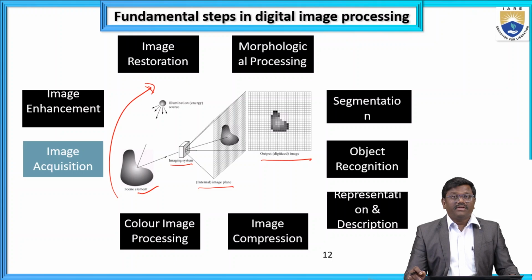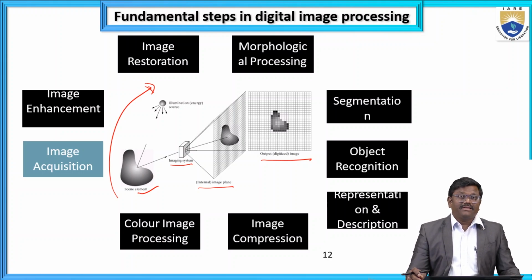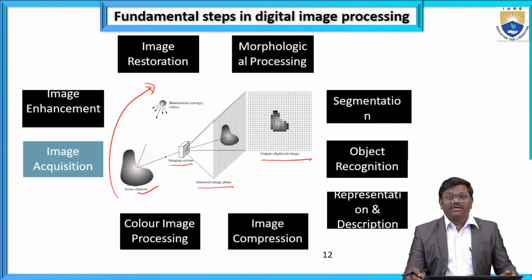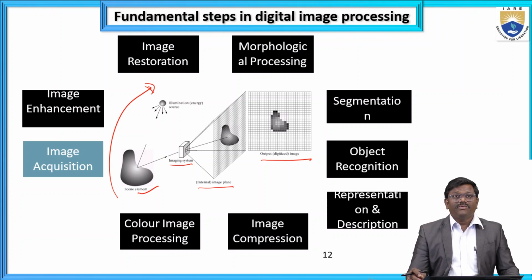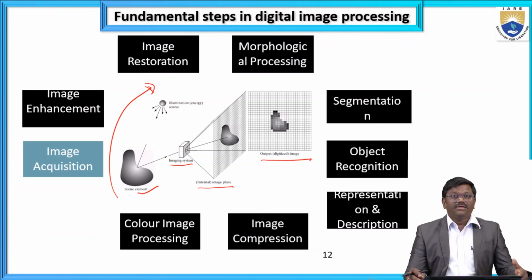Or you want to use morphological processing, where we want to segregate or keep groups of parts of pixels for the sake of enhancement of an image. We also use segmentation, and we also want to keep the part of an image which we want to recognize, as in object recognition. We can use representation and description, which we want to use to enhance your image.